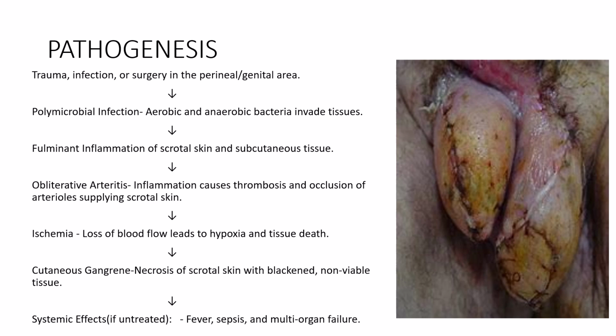Then we have the ischemia. What happens in the ischemia is there is a loss of blood which leads to hypoxia and tissue death. Gradually it causes cutaneous gangrene, which causes necrosis of the scrotal skin with black and non-viable tissue, and if untreated it leads to systemic effects like fever, sepsis and multi-organ failure.